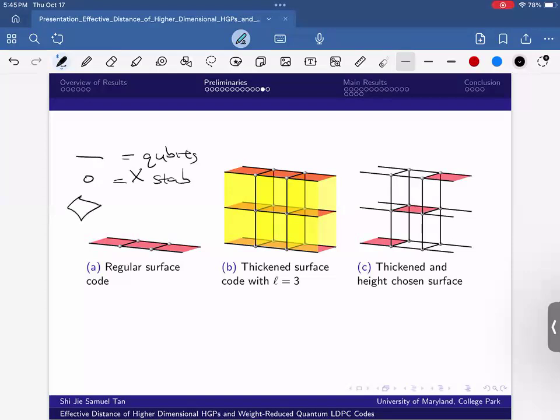The red plaquettes are the Z stabilizer generators. And as mentioned before, with the chain complex structure, you see that the Z stabilizer has the qubits as its boundary, because those black lines are bordering it. And the qubits have the X stabilizer generators as their boundary, because the black balls are around them.